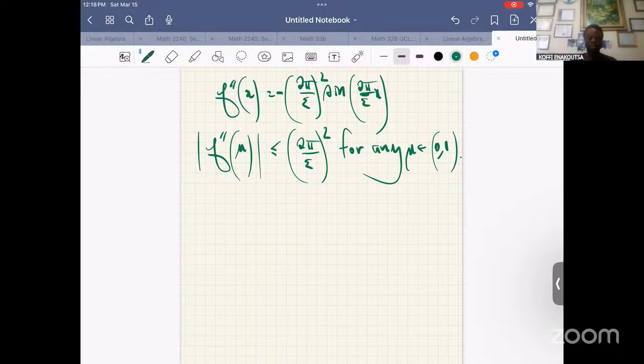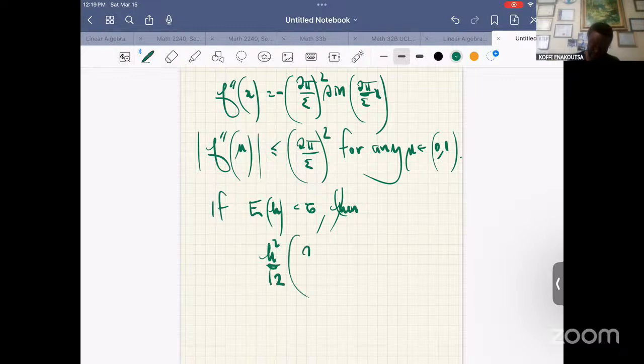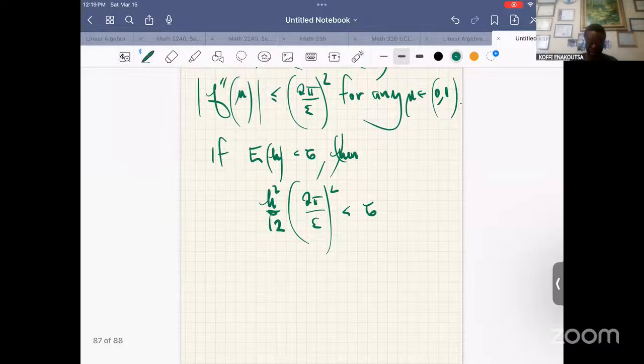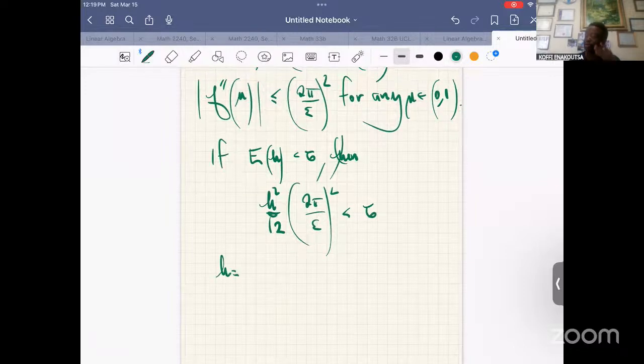So if we want E(h) to be strictly smaller than tau, then we need the error term in the absolute value, h squared divided by 12 with the upper bound 2 pi divided by epsilon raised to the square, to be smaller than tau. Since h is b minus a divided by n, that'll be 1 divided by n_trap.